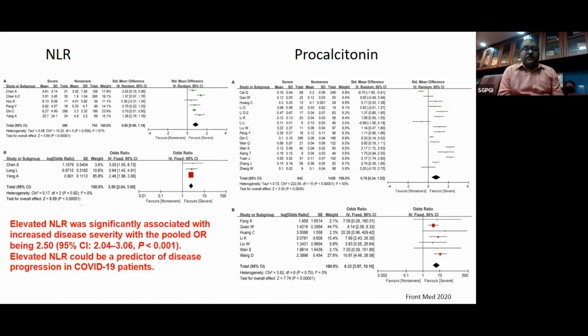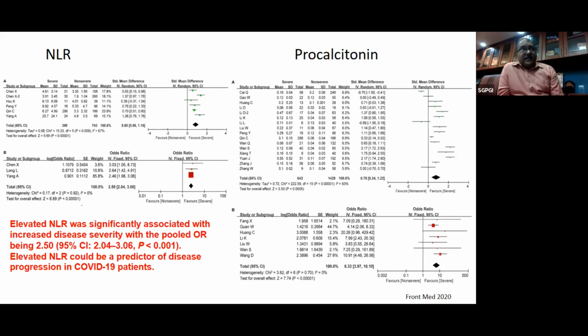Similarly, we can follow the neutrophil lymphocyte ratio, which is again a very simple investigation available everywhere. You don't need any expert laboratories. Clearly, it establishes the fact that elevated levels of neutrophil lymphocyte ratio are associated with disease severity, and it could be a predictor of disease progression.